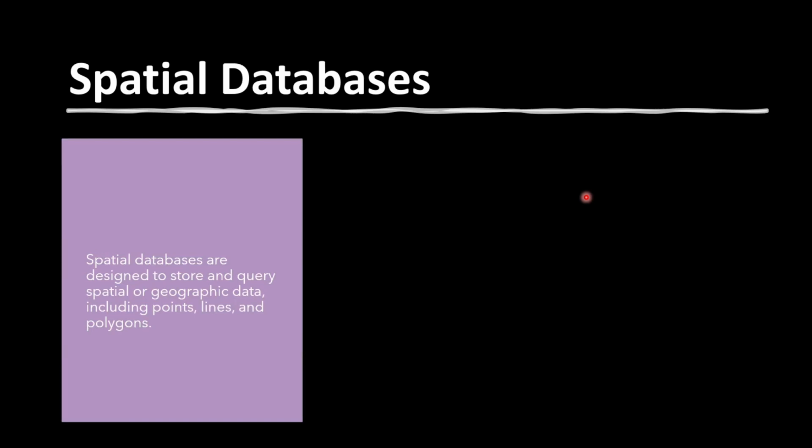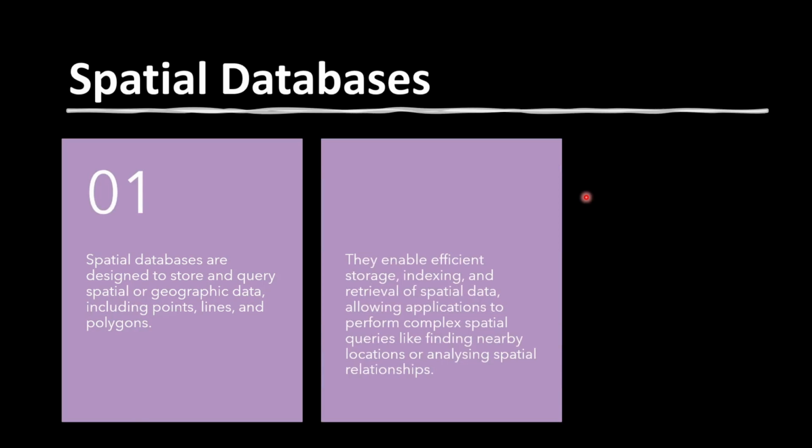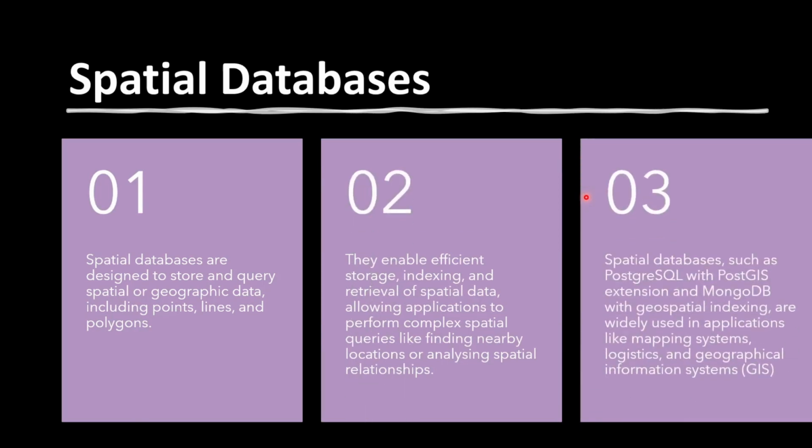This is mainly used for saving data like longitude and latitude. If you call Uber today, you can look at the map on your phone and track the driver, where the driver is and when the driver is coming. That kind of data is saved in a spatial database, because it makes it easy to pinpoint the location.